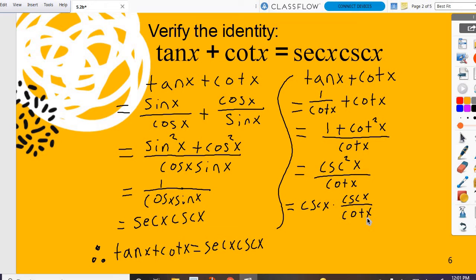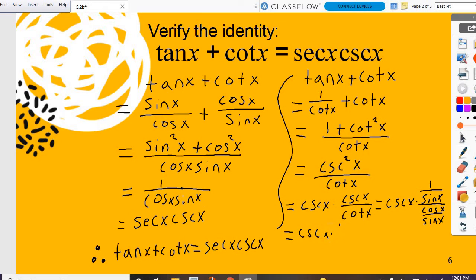So then how could we rewrite cosecant and cotangent now? Cosecant is going to be 1 over sine. Cotangent is cosine over sine of x. Agreed? How do I simplify a fraction within a fraction? Keep change flip. Agreed.